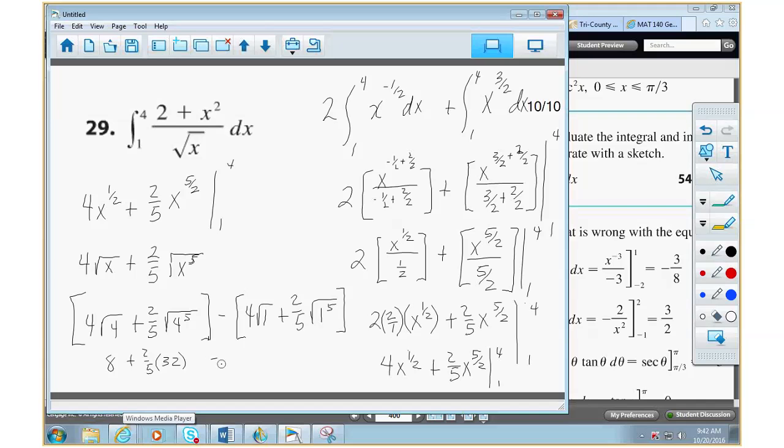Minus 4 times the square root of 1, which is 4, plus 2/5 times the square root of 1, and the square root of 1 is 1. And that's going to be 64/5. 40 plus 64 is 104 over 5. Somebody check my math.